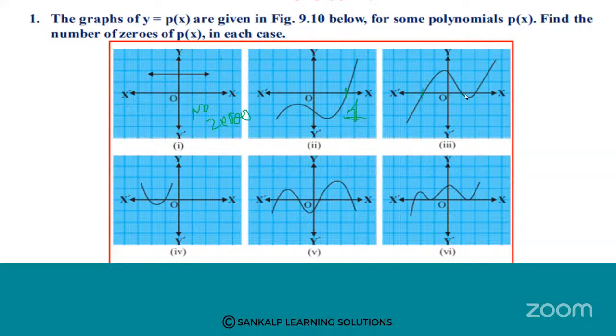Here, 1, 2, 3. Means 3 zeros it has. Here, 1, 2. 2 zeros, right? 2 times it intersects. Therefore, 2 zeros. 1, 2, 3, 4. 4 times it touches the x-axis. Therefore, it has 4 zeros. 1, 2, 3. 3 zeros it has.